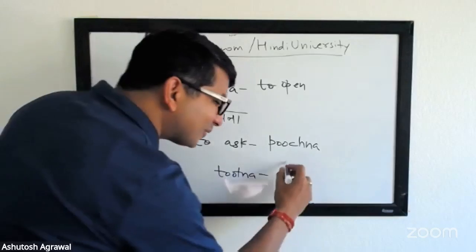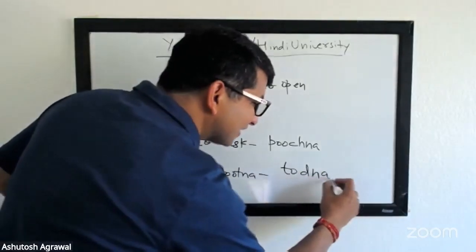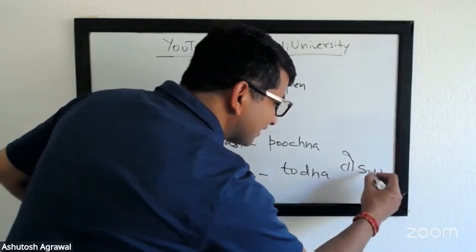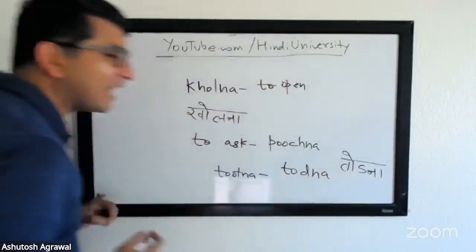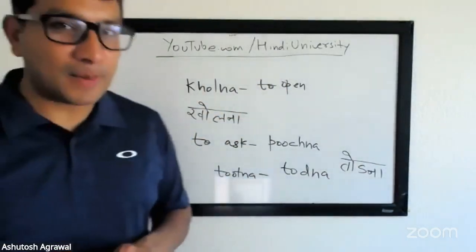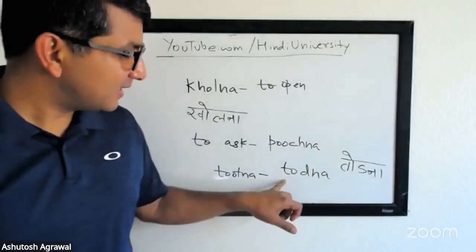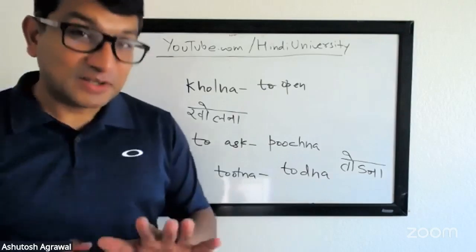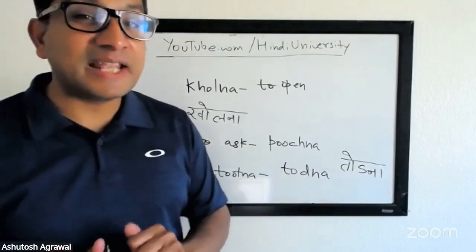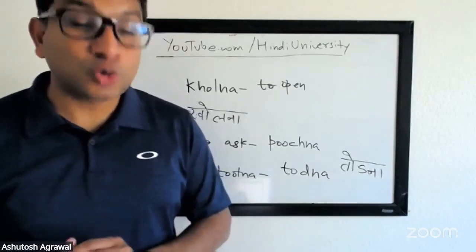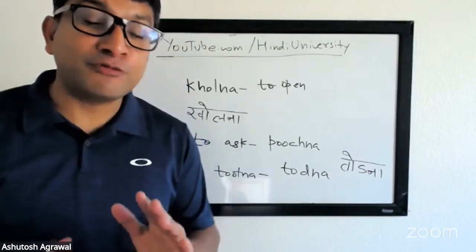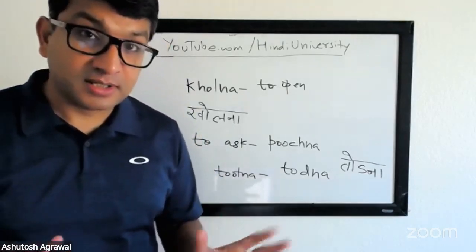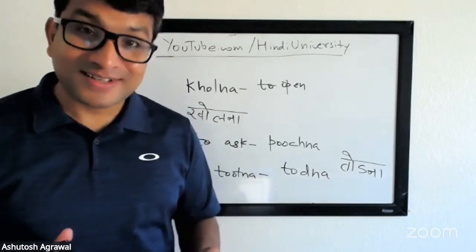Todna, very good. So how will you say, I broke a cup? For past indefinite, I broke a cup is maine cup toda. If you want to say the cup broke, which is intransitive, they are two different words.